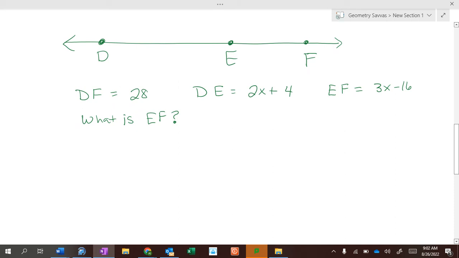All right, this one, a little segment addition postulate. If DF is 28, DE is 2x plus 4, and EF is 3x minus 16, what is EF? Well, DE and EF are smaller than DF. They both make up DF, right? So you take DE plus EF to make DF.